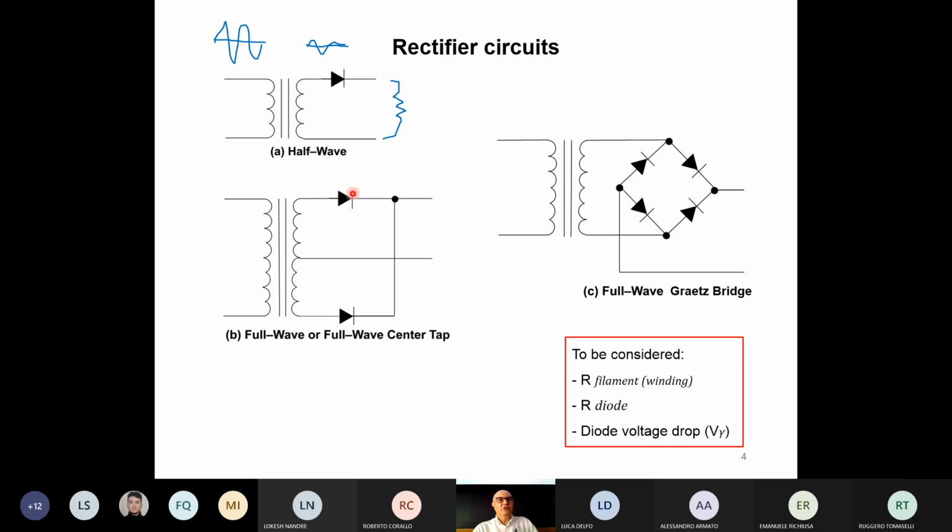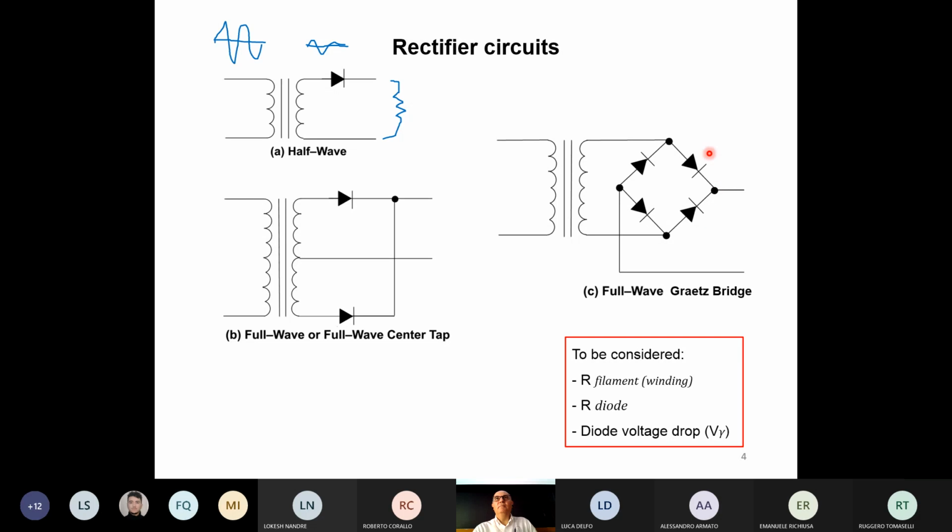Now that the diodes are very cheap, we can also move to a different circuit, the full wave or Graetz bridge. Basically, the point with the Graetz bridge is that, again, we can use the same secondary winding as we used for the half wave. So we don't need the center tap. We don't need to double the number of turns at the secondary.